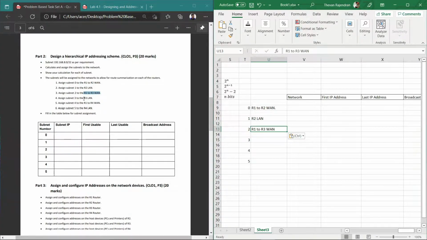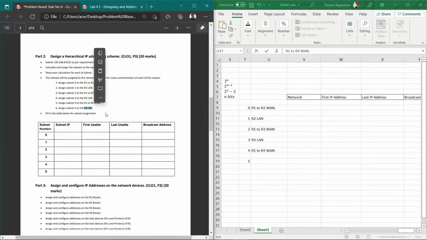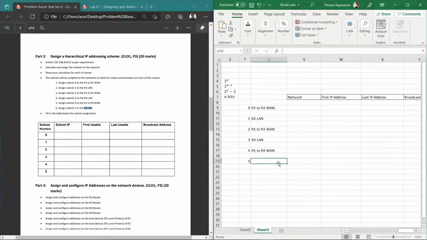Fourth, R3 LAN. Fifth will be R1 to R4 link. And the last will be R4 LAN.